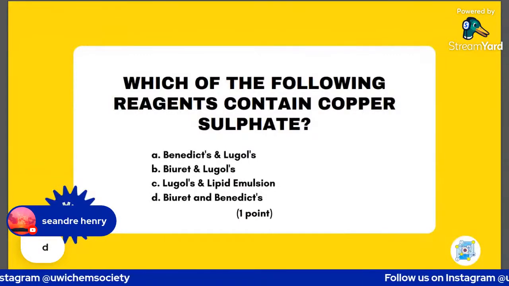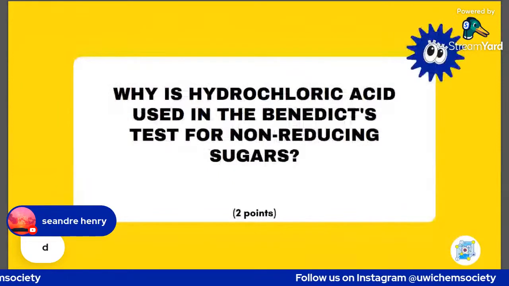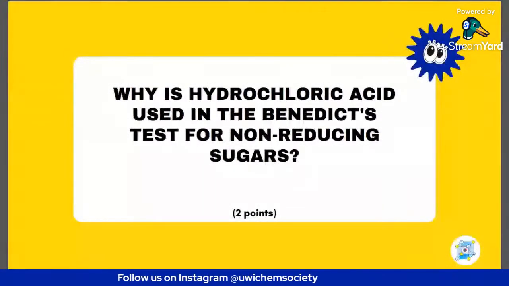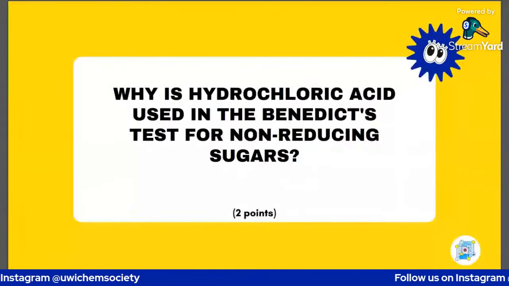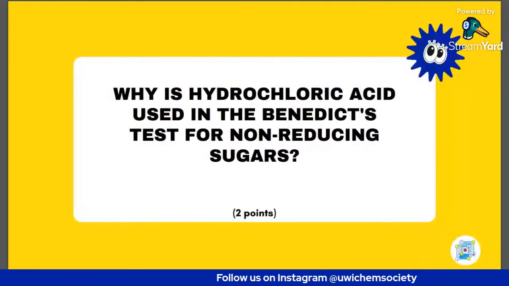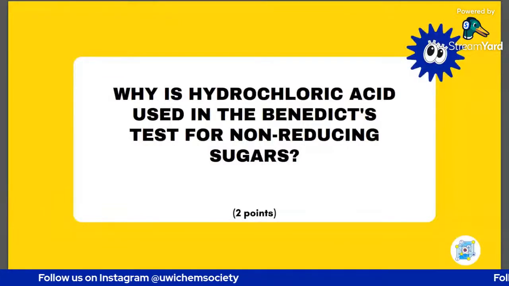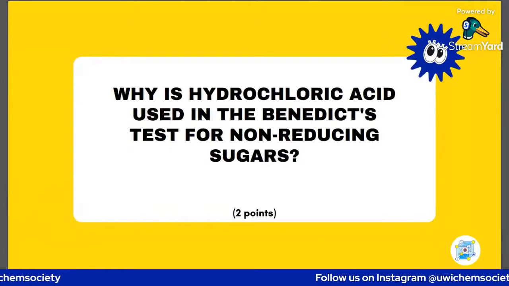This is a 2-point question. Why is hydrochloric acid used in the Benedict test for non-reducing sugars? And that's what we're doing right now, so you should know why we're using hydrochloric acid.